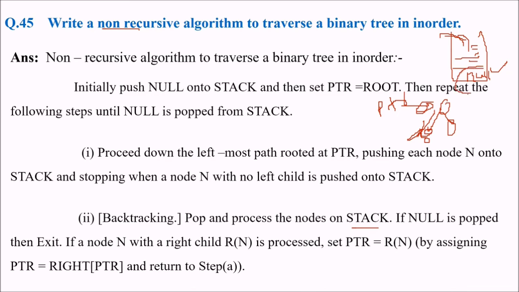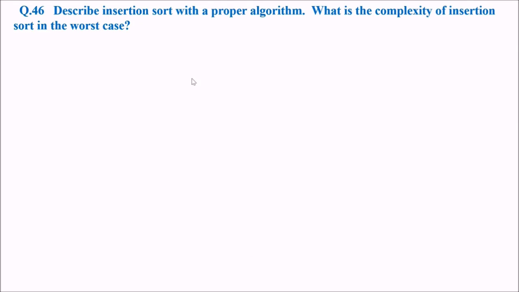If null is popped, then we exit. If the node n with a right child is processed, we set PTR to the right one, by assigning PTR equal to right of PTR, and we return to the first step. Again we start with this. This is non-recursive, so we repeat it until we find the null.